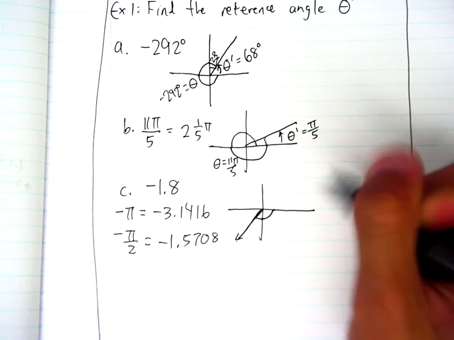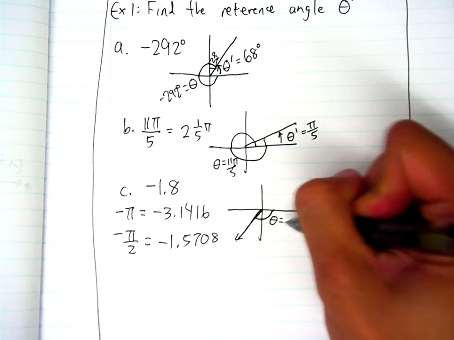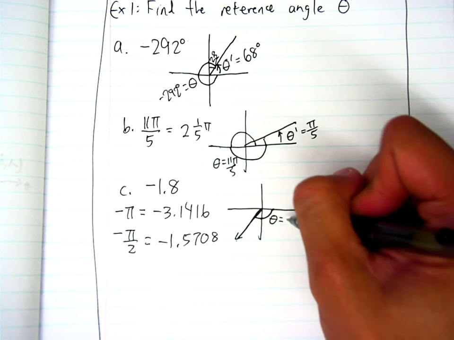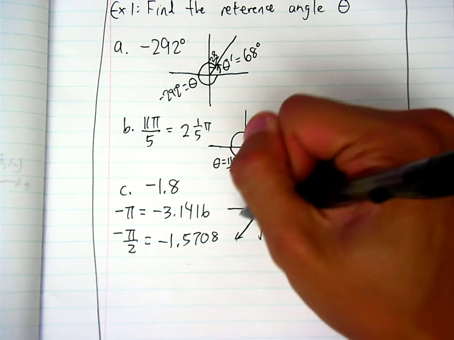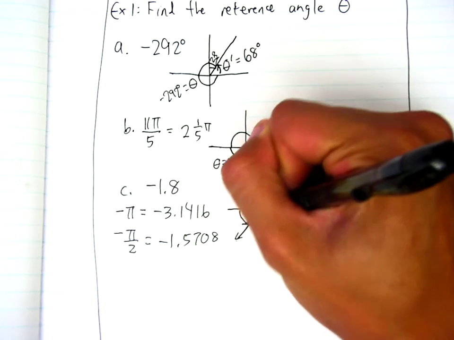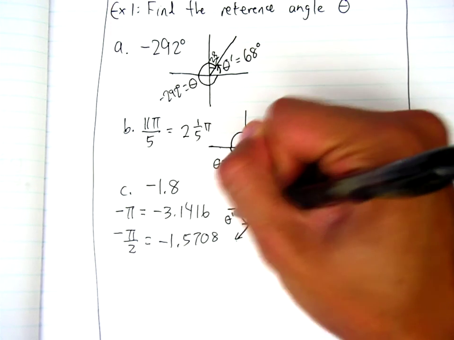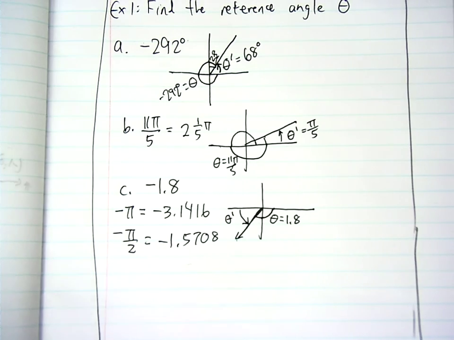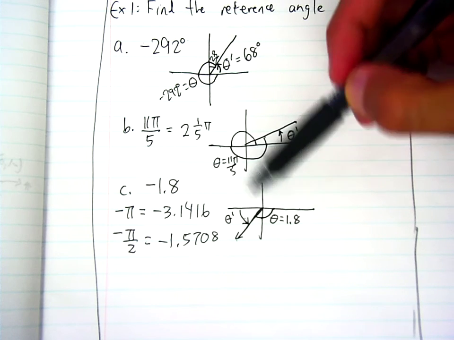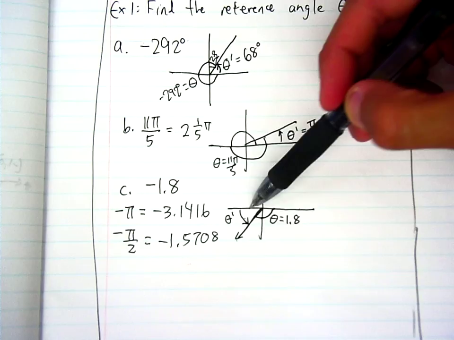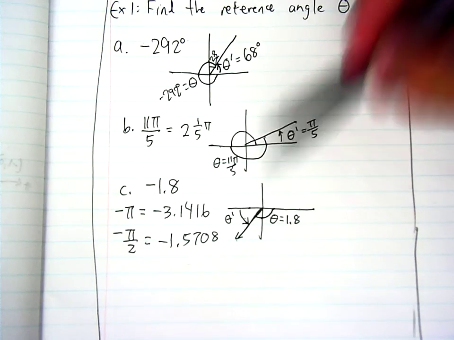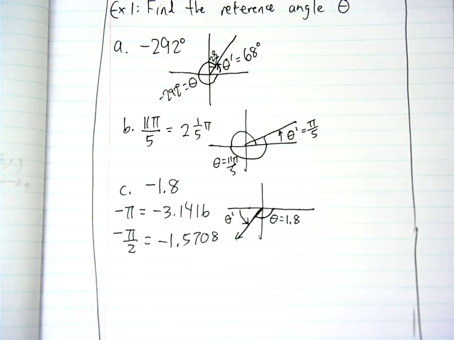So this theta is negative 1.8. Well, I need to find theta prime, and theta prime is always the angle that it makes with the x-axis. I know negative pi is negative 3.14, so if I take pi and subtract 1.8 from it, I will get my reference angle.